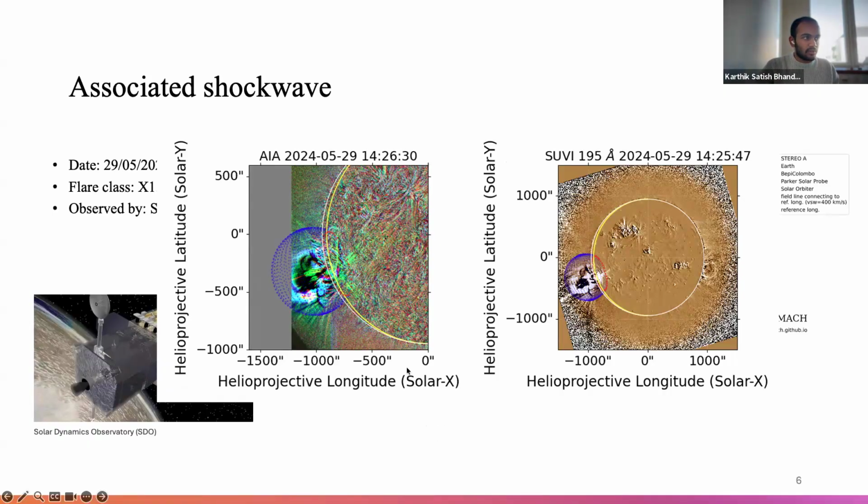Especially for the shock reconstruction, we generally use tricolor AIA images, which further enhance the visibility of the shock. So we just use what we have.